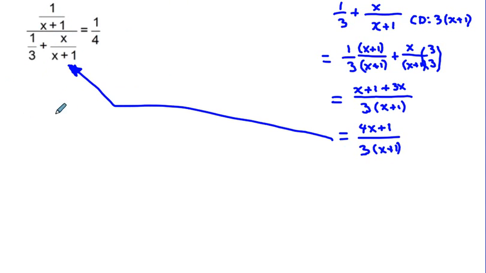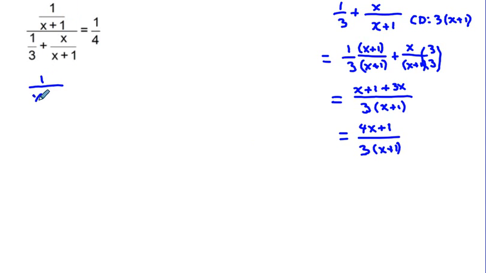Okay, and now just kind of working below, what we have here is 1 over x plus 1 over 4x plus 1 over 3 times quantity x plus 1. And that's all going to continue to be equal to 1/4.